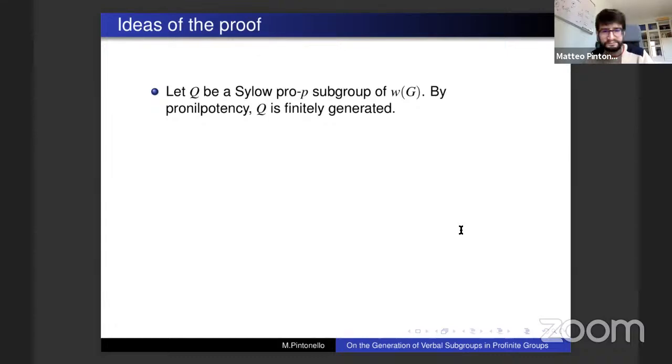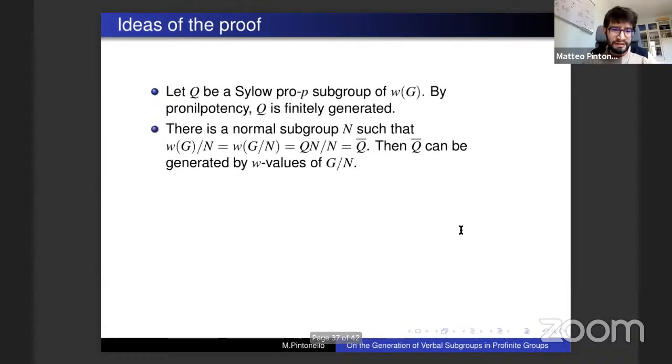And at this point, there is a normal subgroup such that basically we consider N to be the subgroup generated by all pro-p Sylows different from Q. And if we quotient by N, clearly we obtain a factor group G modulo N, and its verbal subgroup is exactly Q. It's isomorphic to Q. So for that reason, Q can be generated by word values of G modulo N, because it's a verbal subgroup.